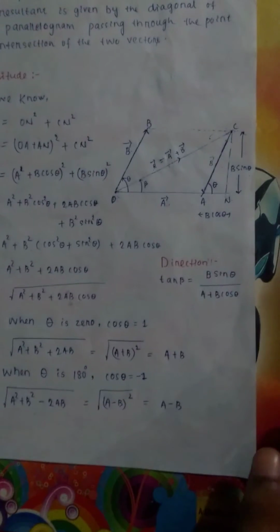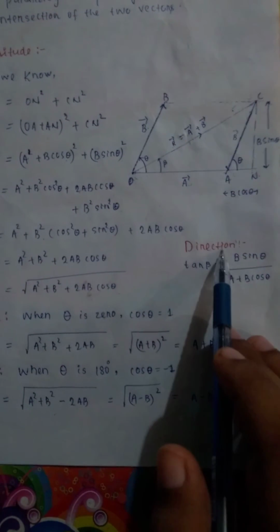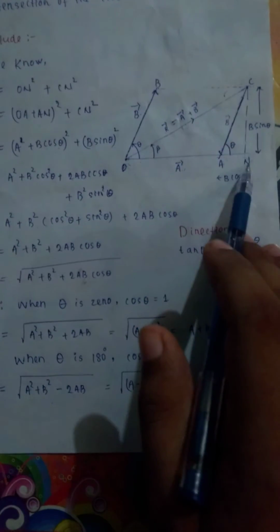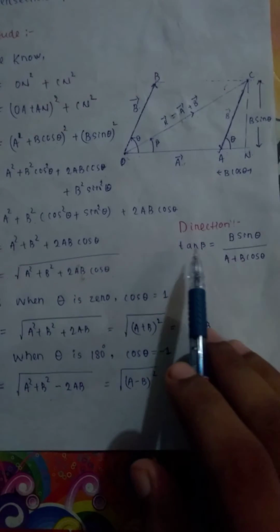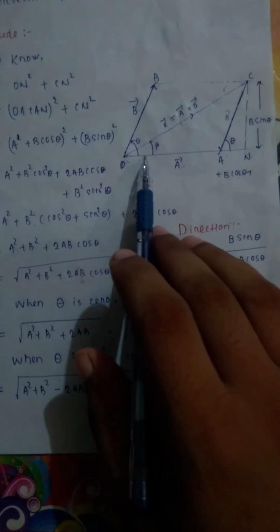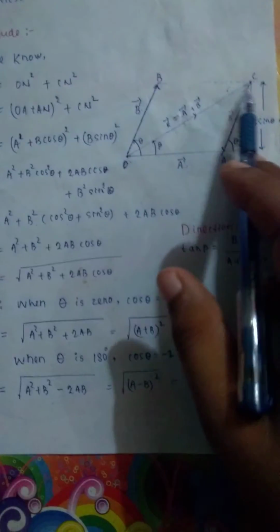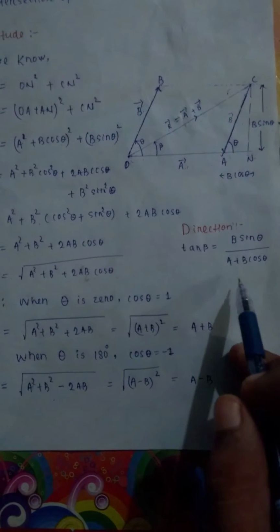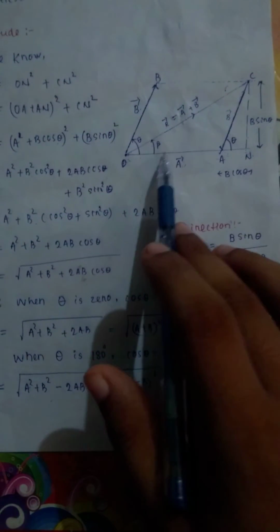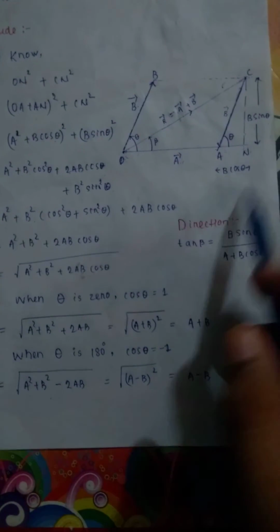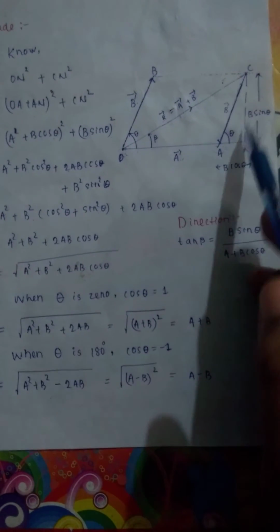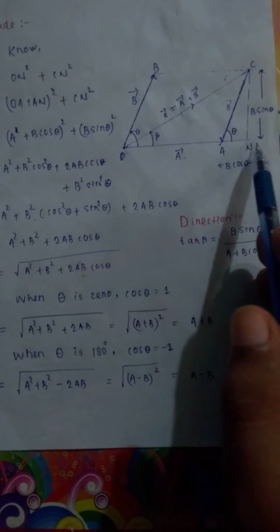Now let us find out the direction. For finding out the direction, simply take this ONC triangle. Let us consider the resultant makes beta angle with the vector A, then tan beta equals P by B, or perpendicular by base.